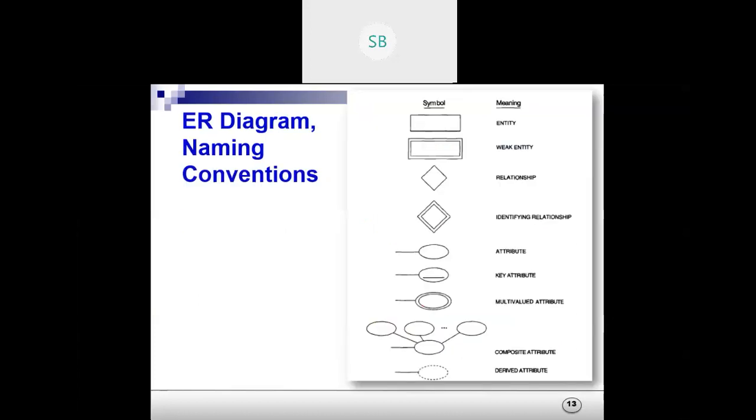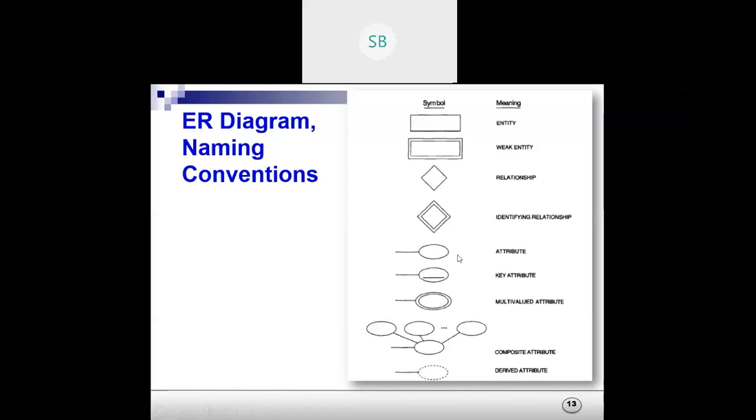the last class. These are the naming conventions for the ER diagram: a rectangle is used for an entity, a double rectangle for a weak entity, a diamond for a relationship, and a double diamond for an identifying relationship. Then this is the attribute.